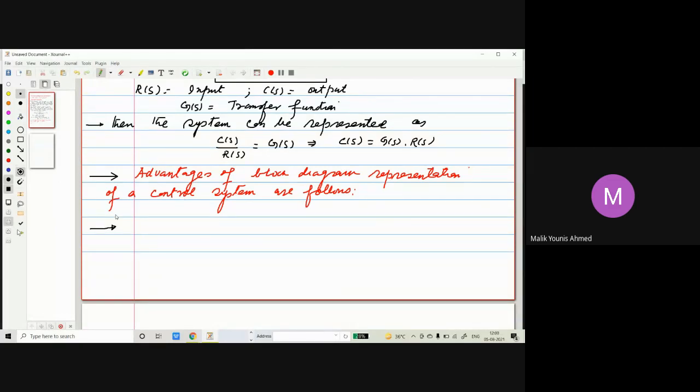Then they are put in the can, and from the can they are transferred for packing and other things. Every system has a definite sequence of events, and we relate them with signals. So the first advantage is that it is easy to form the control system model.